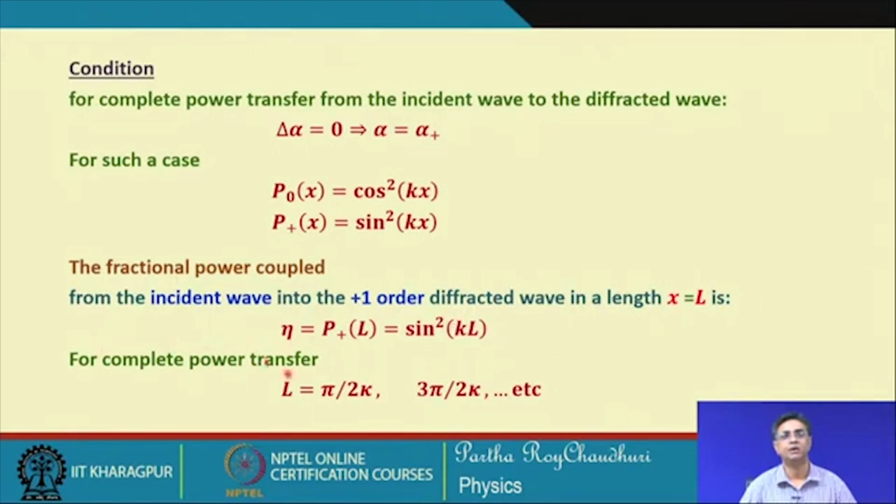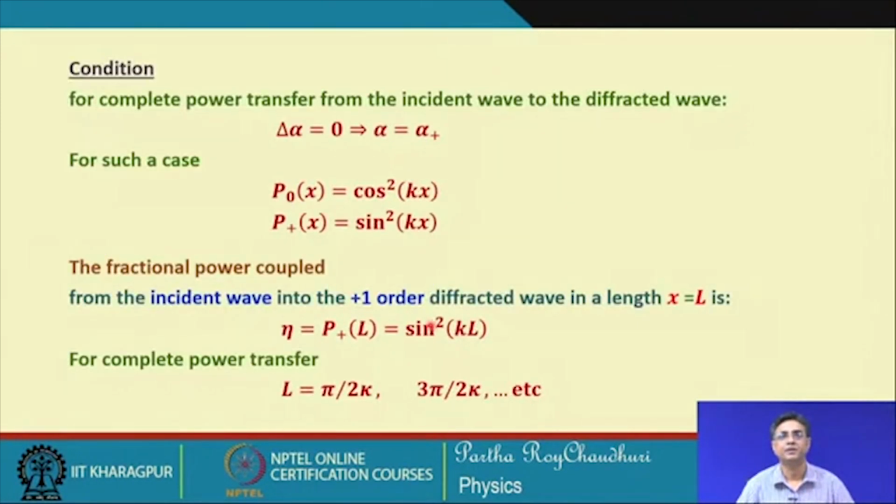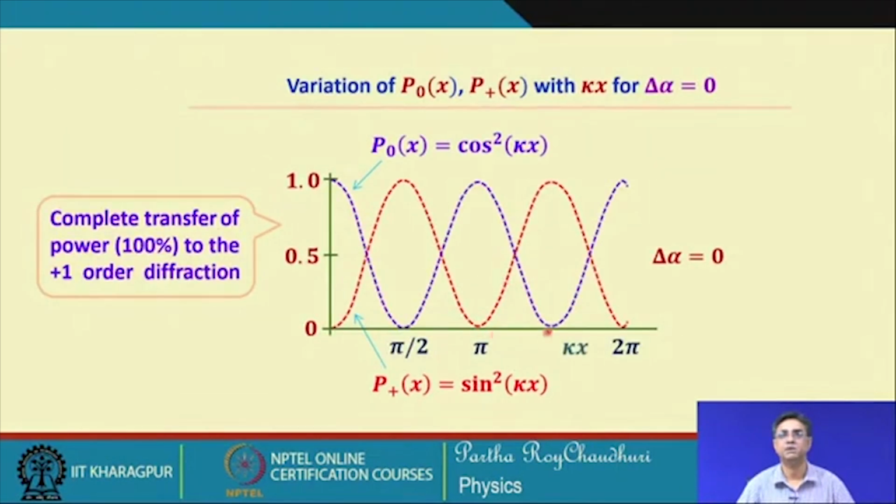For complete power transfer, these are the values of x, because x is the length across the acoustic wave, that is the interaction length L. So, twice pi by twice kappa is equal to L at this condition, and similarly at those points we will get the maximum transfer of power.